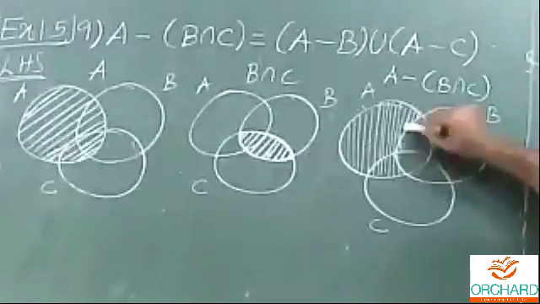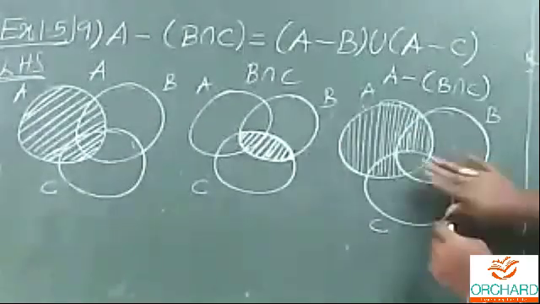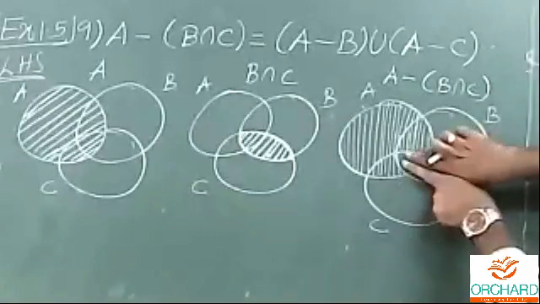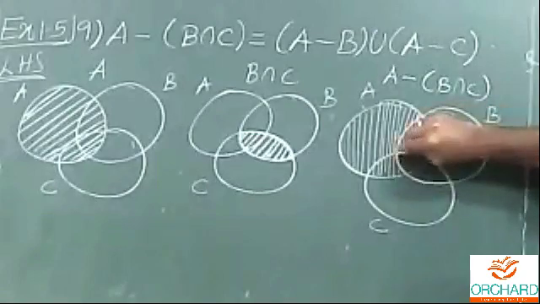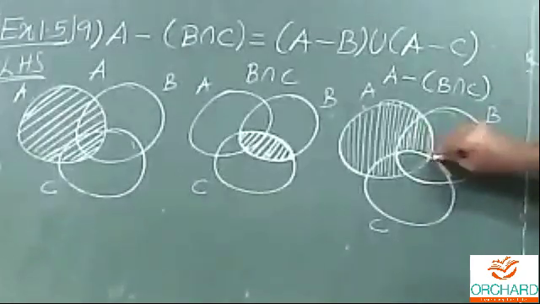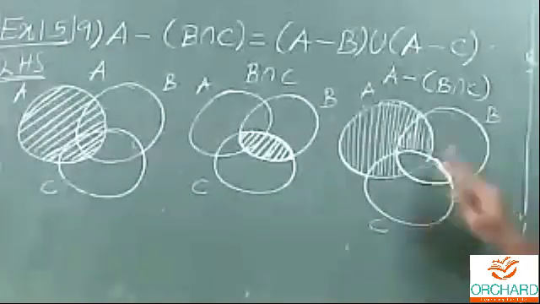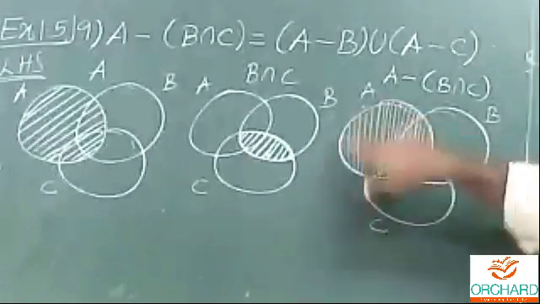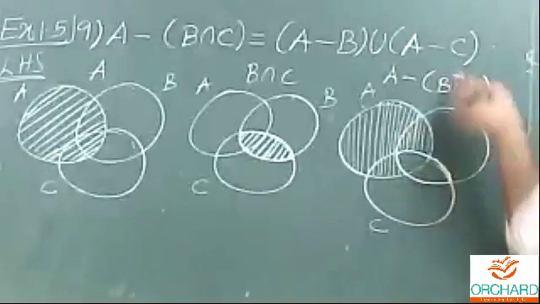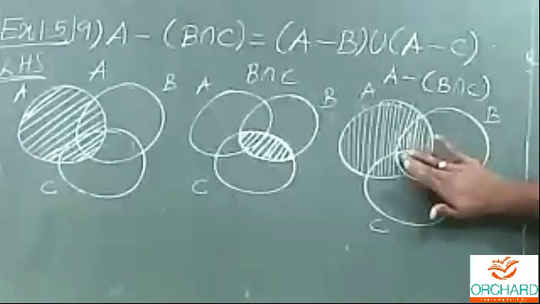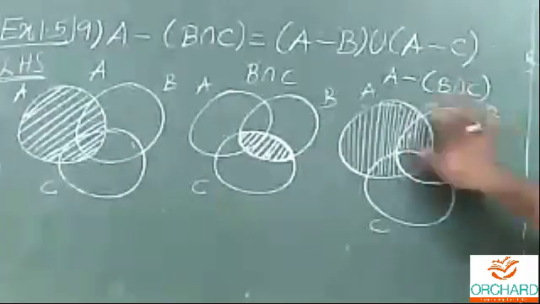This one also will continue. This is only your B intersection C. No need to shade that B intersection C. Skip it and shade the remaining portion in circle A. Only circle A: A difference B intersection C. To remove B intersection C from A, you can hide it using your finger. This is your shaded portion.